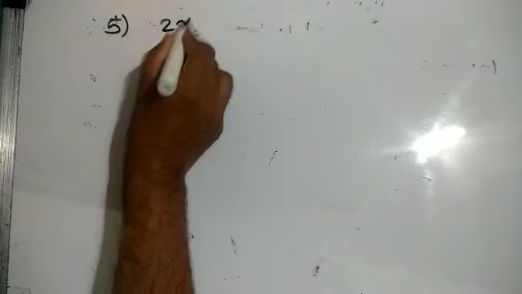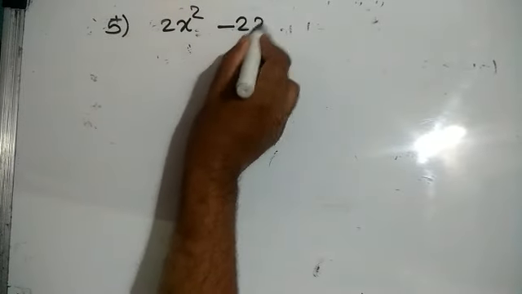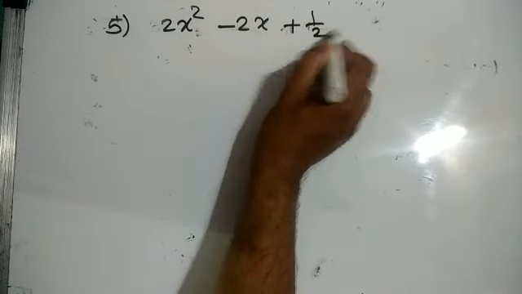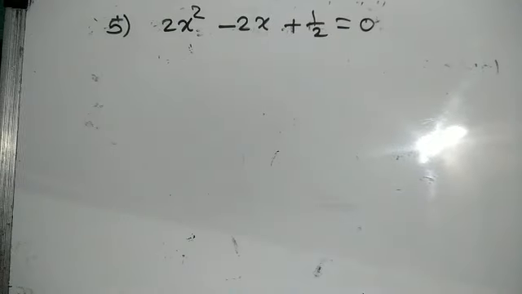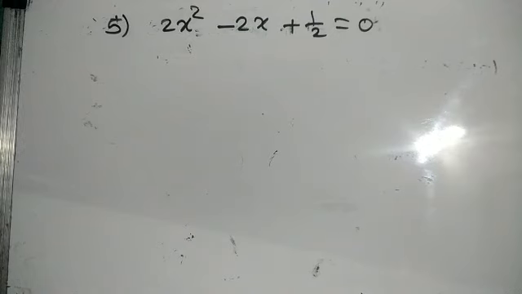The fifth problem. In the fifth problem, 2x square minus 2x plus 1 by 2 is equal to 0. Carefully read this problem. 2x square minus 2x plus 1 by 2 is equal to 0.